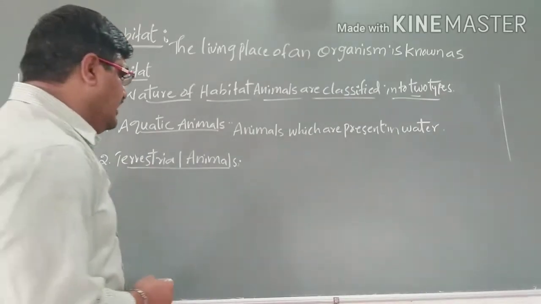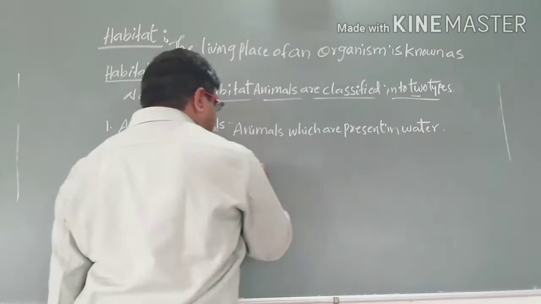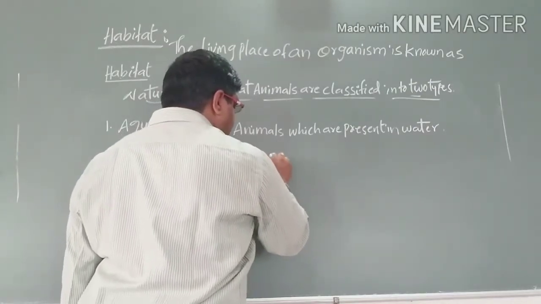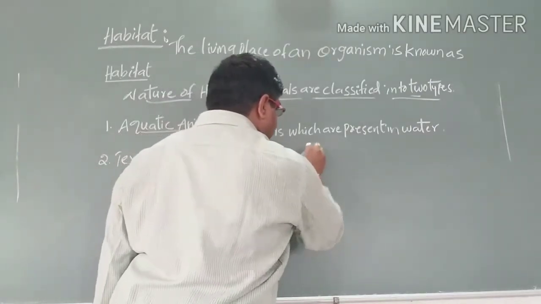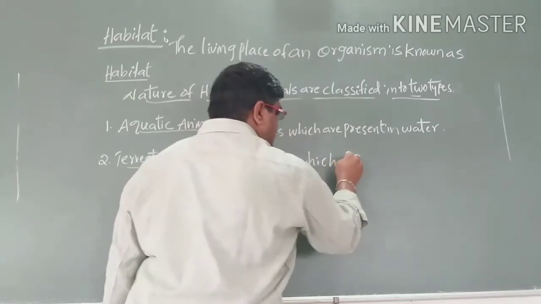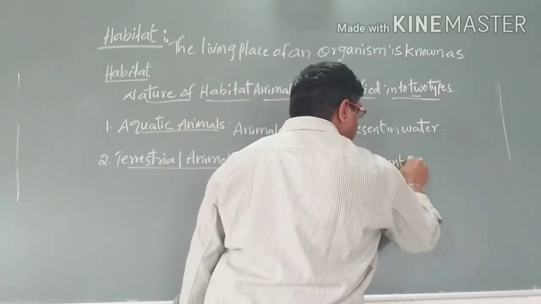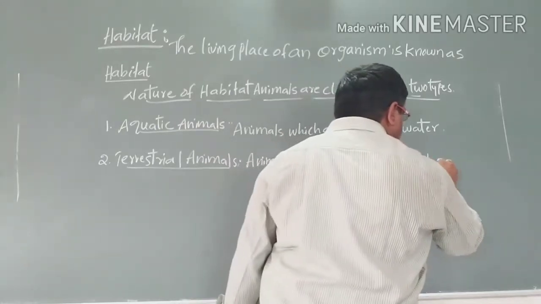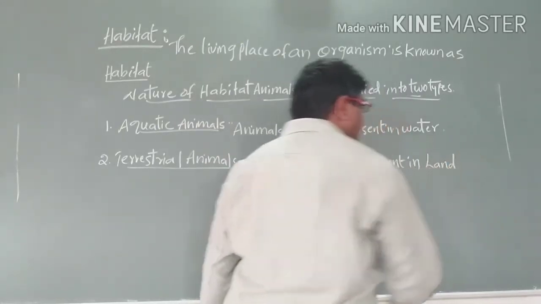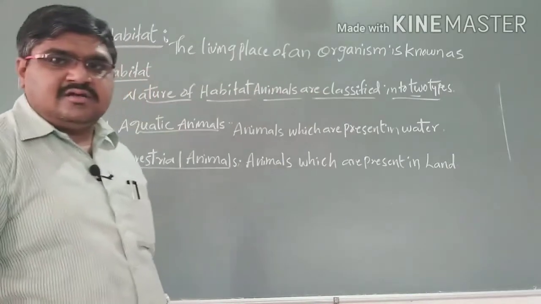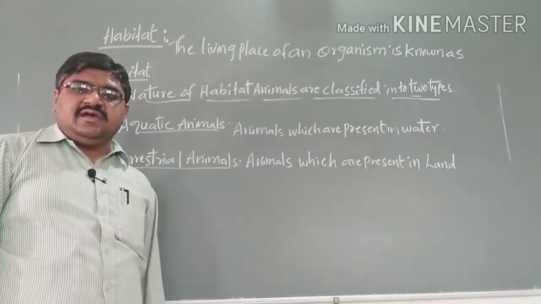Next, the second one, the terrestrial animals, are the animals which are present on land.